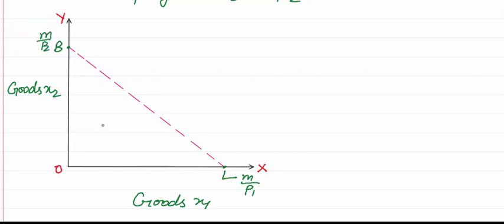Let's say good X1 has been rationed at point X1 bar. So the consumer cannot purchase more than X1 bar of good X1. Let's see how the consumer's budget line will change.